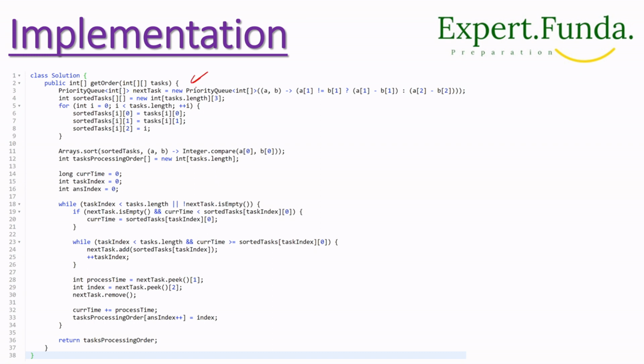Because this is our next task. This will be our next task, and so we have to sort based on the minimum processing time, and then we have to store the enqueue time and processing time, right?